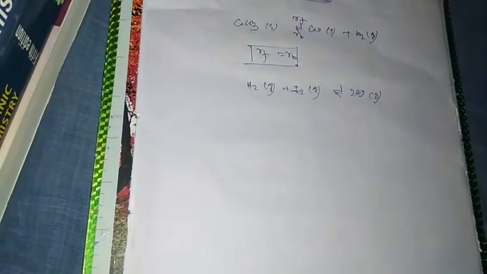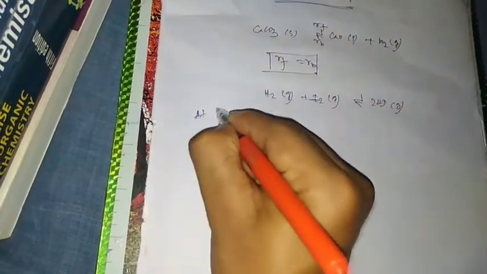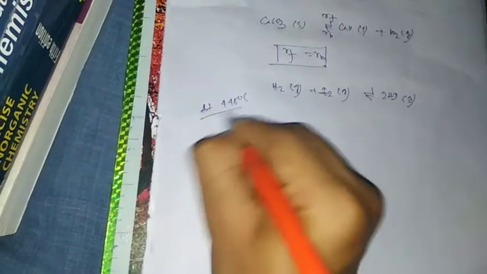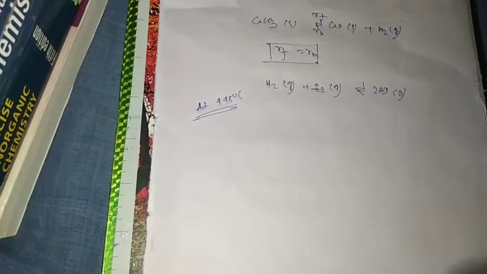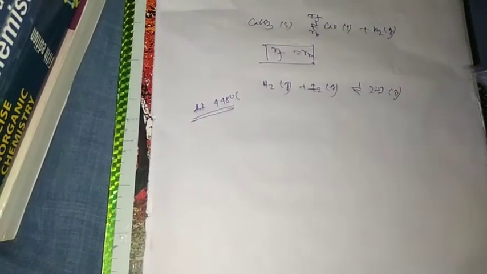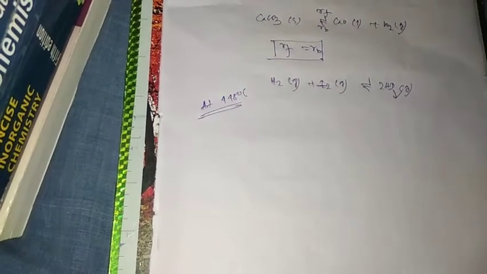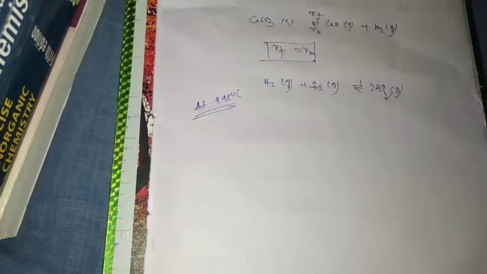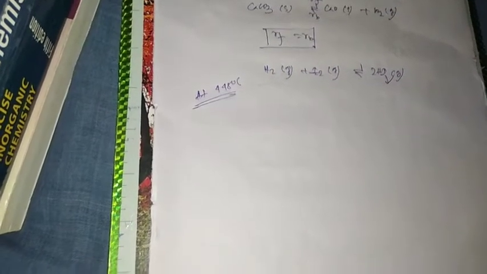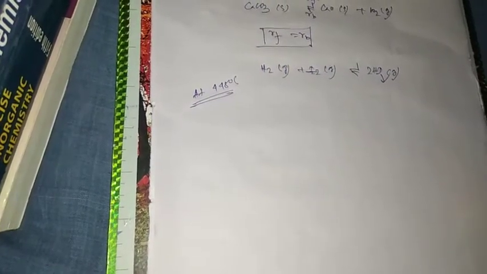In this reaction, at 448 degrees centigrade, if we replace this iodine with radioactive iodine, then we find the radioactive iodine in the HI. So it is the evidence that chemical equilibrium is happening and the reaction also continues. It is not that in chemical equilibrium the reaction stops.